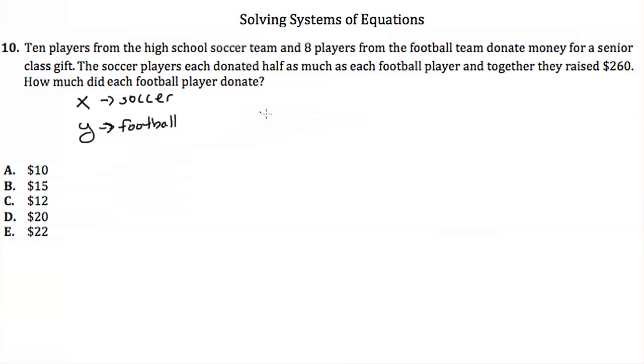That would mean that 10 times the amount that the soccer players donated plus 8 times the amount that the football players donated, or Y, has to be equal to the total of $260, because there are 10 soccer players and 8 football players.